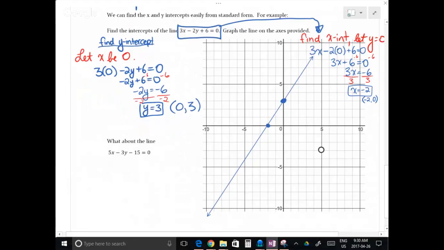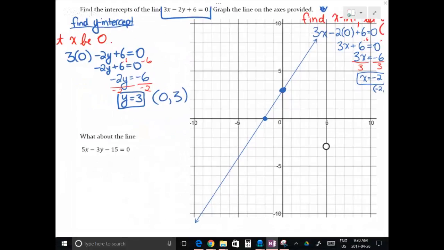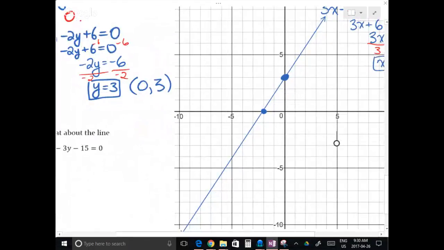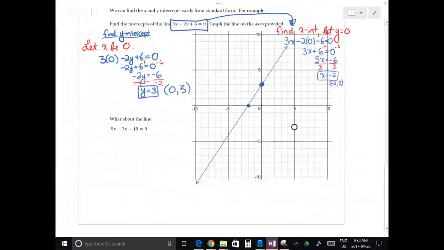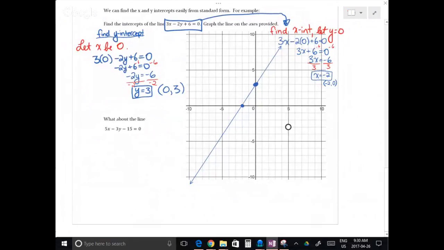That's not perfect, but that's pretty close. It'll do. It is, as they say, good enough for rock and roll. Which is all I ever wanted to be, really. Okay, that's it. To find the y-intercept, we let x equal 0.